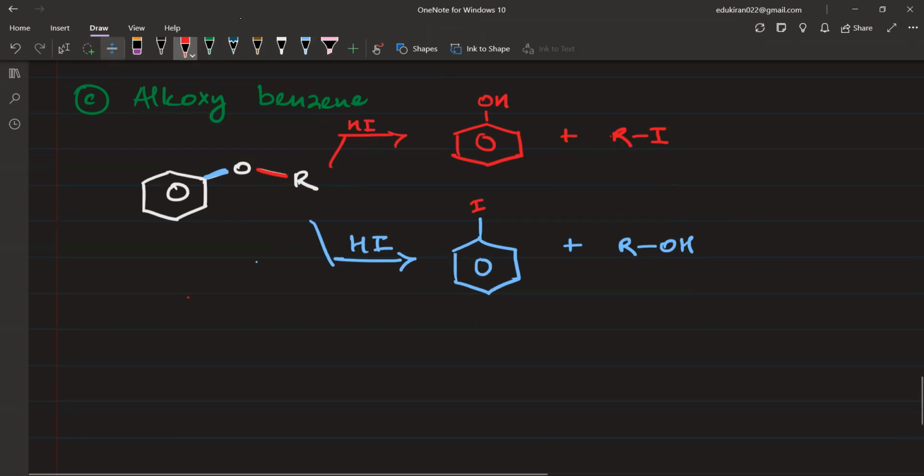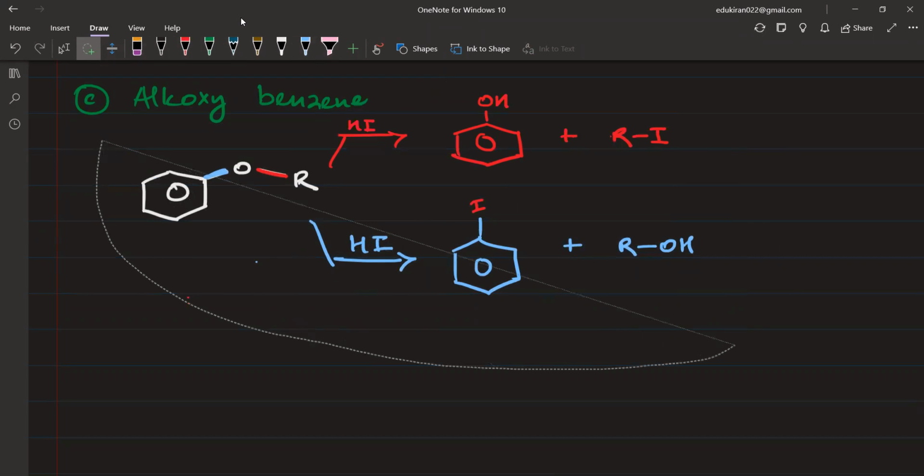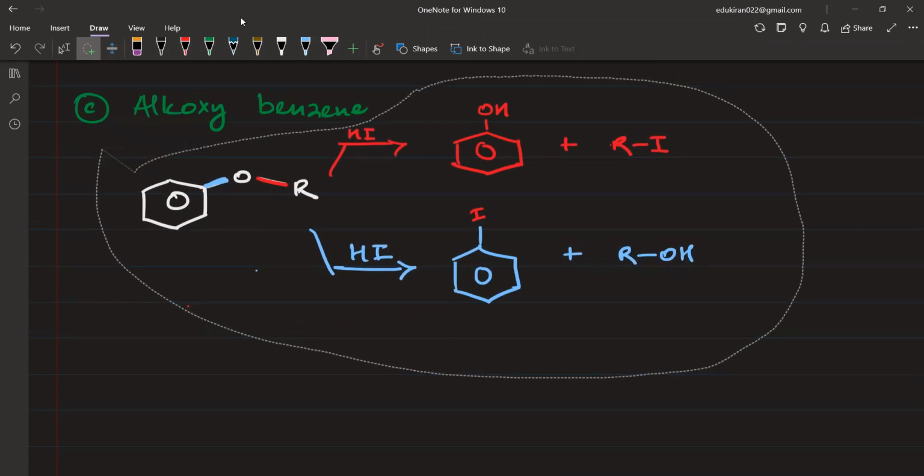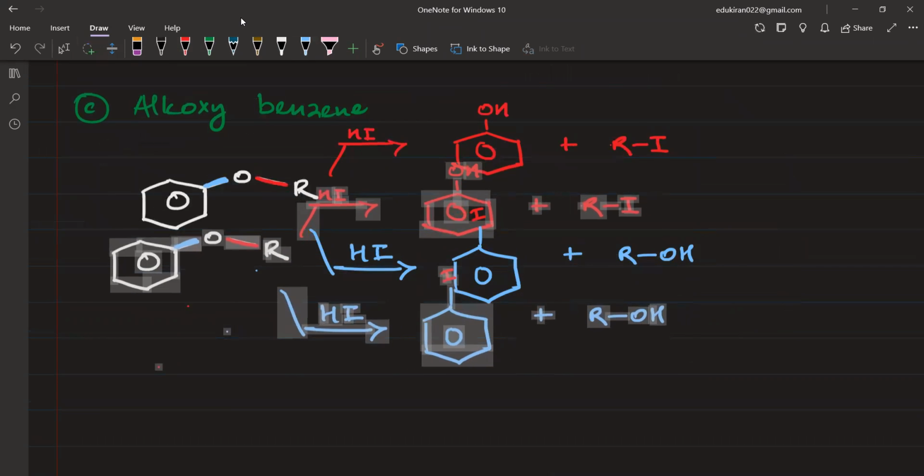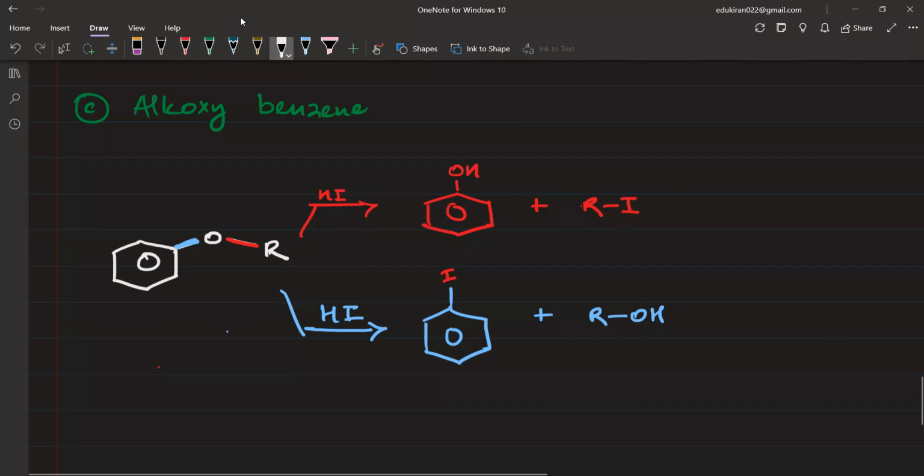Now you tell me, guys, which of them is easier to break, the blue one or the red one? Write in chat, please, the answer. Red one. Yes, correct, Huzaifa. Correct, Sahel. Why? Why the red one, and why not the blue one?